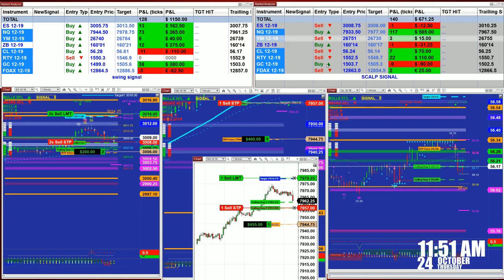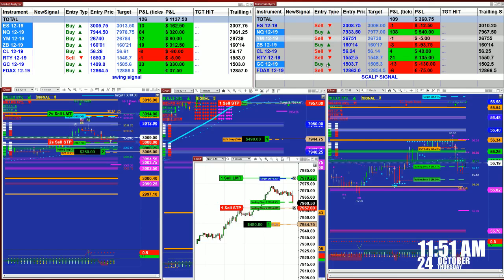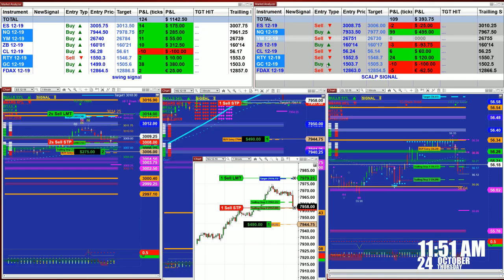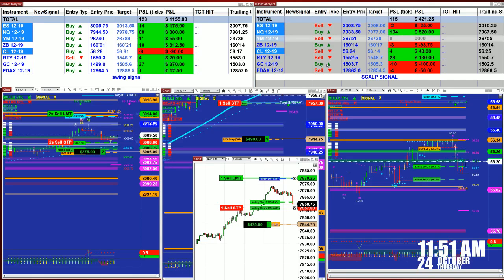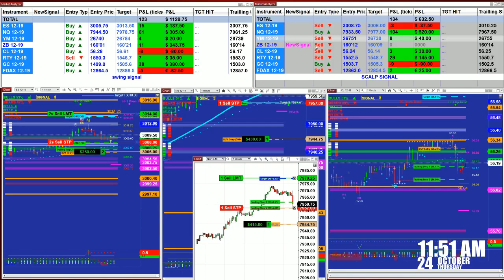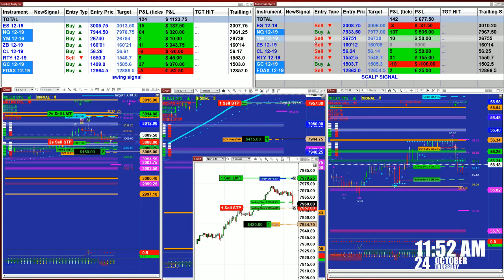Okay, we still have one trade on the Nasdaq. We're done with it. It's almost a $1,000 trade on the Nasdaq. Nope, refusing to die. Okay. A new signal on the 30-year Treasury bond sell on the scalper.